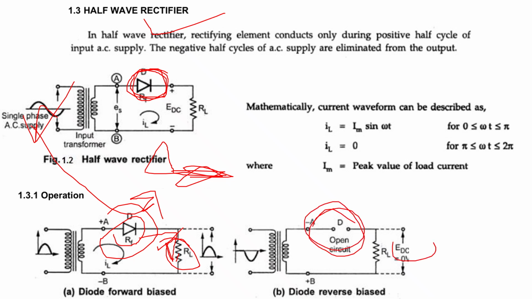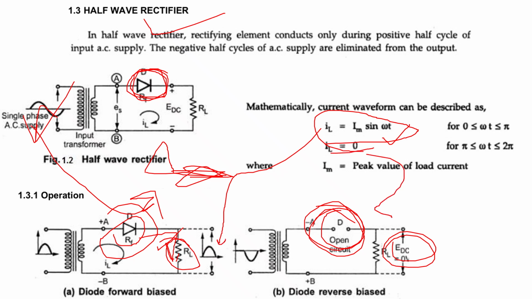So here there is no voltage, zero voltage, because current is not flowing in the reverse direction, right? Mathematically, you can write the current in the forward direction as Im sin omega t, and there is no current in the reverse direction. So here it is zero only, right?